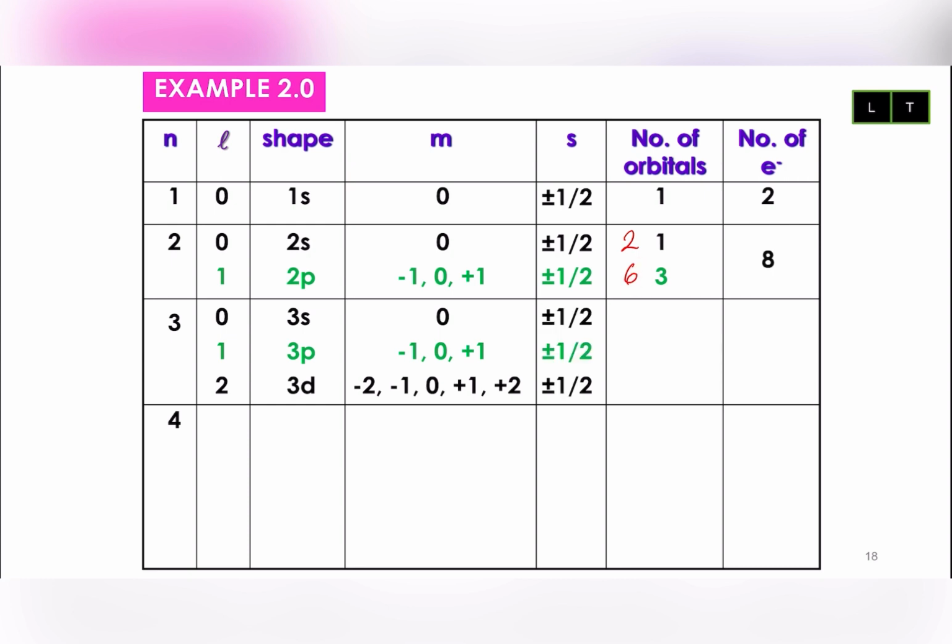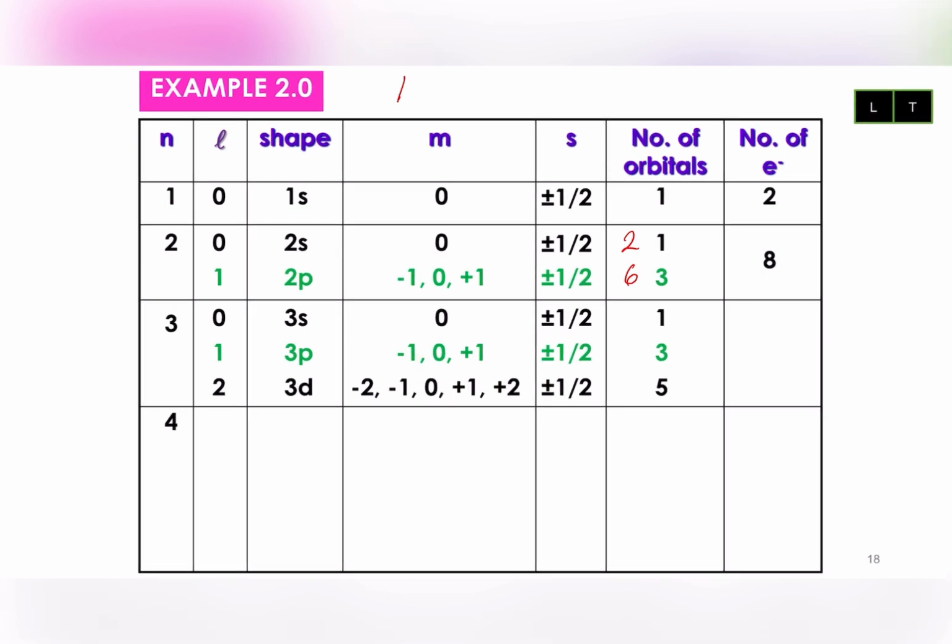Next, the same thing goes for the electron spin. Now I have 1 for 3s, 3 for 3p, and 5 for 3d. This is because of the orientation values. Next, to determine the number of electrons, please remember one orbital can hold a maximum of 2 electrons.